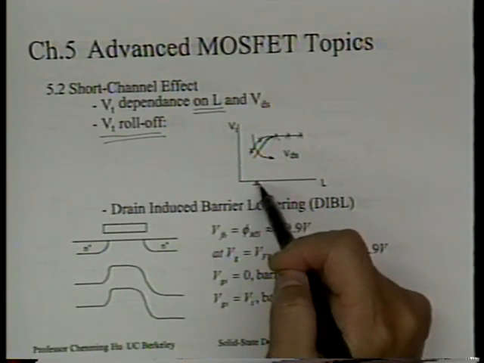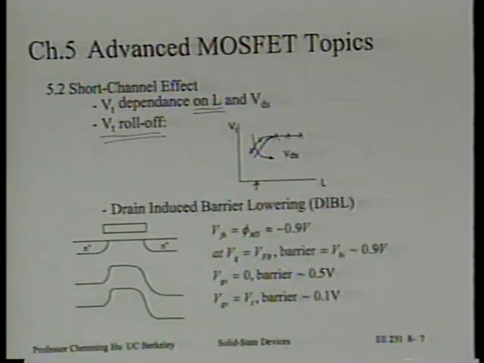What determines channel lengths are 2 things. One, of course, is the lithography. We just cannot make the gate smaller than a certain amount, so that's one thing. The other is that for a given transistor design, for these channel junction depths, for this gate oxide thickness, with all the effort the device engineer put in to design the transistor, there's still a minimum length below which the transistor just will not meet certain performance spec.